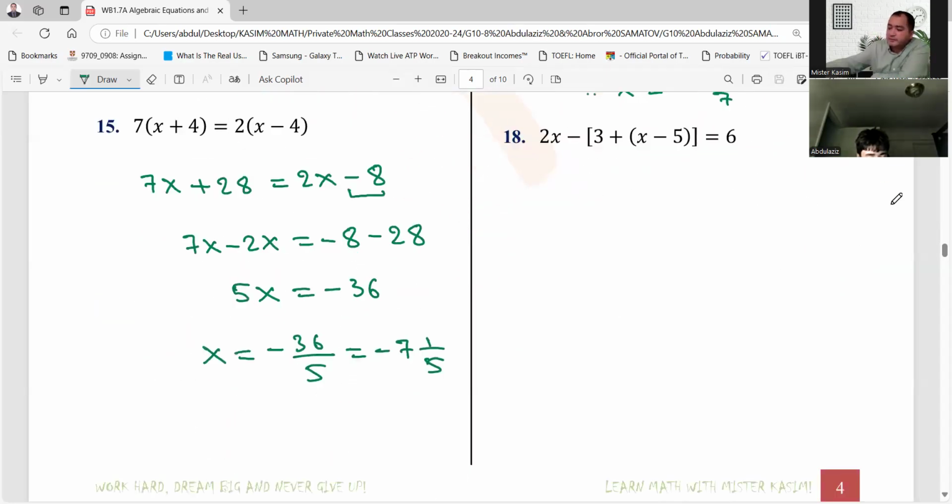18. Do question 18. We have two pairs of parentheses. You have to start with the innermost parentheses, right?